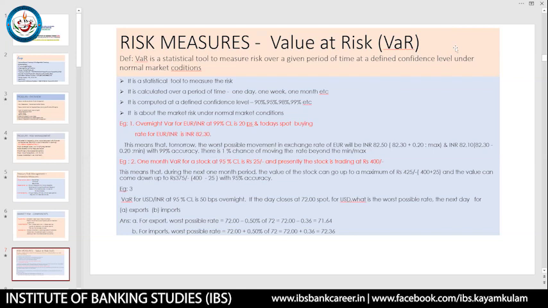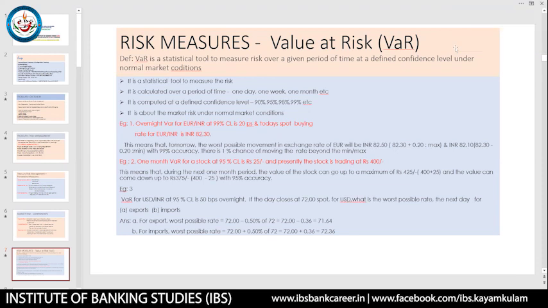Tomorrow, if it moves up to 72.36, the importer has to pay 72.36 per dollar. So for an importer, if the rate goes up, it is a risk. For an exporter, if the rate comes down, it is a risk. Such types of questions they will ask. I think it's clear. Can I move to the next slide? Or do you want a little more explanation on this?